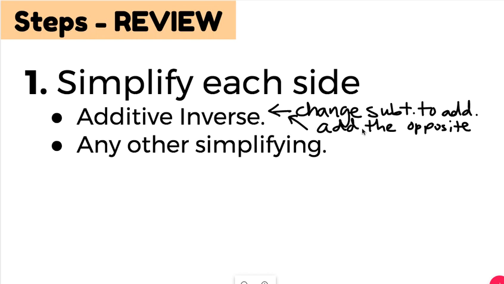So you may want to add a little note to the additive inverse. And then any other simplifying that you'll have to do. Eventually there will be some simplifying other than adding the opposite. But this would be the point where any other simplifying that had to get done, if there happened to be some combining like terms or distributing or any other little manipulation that we can consider simplifying.